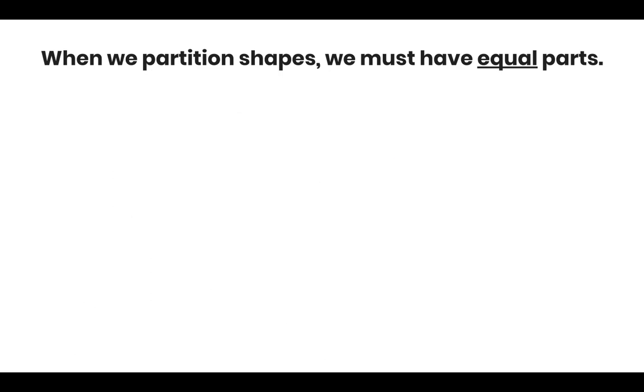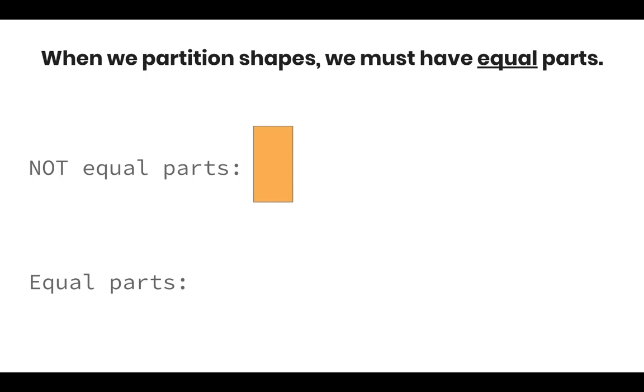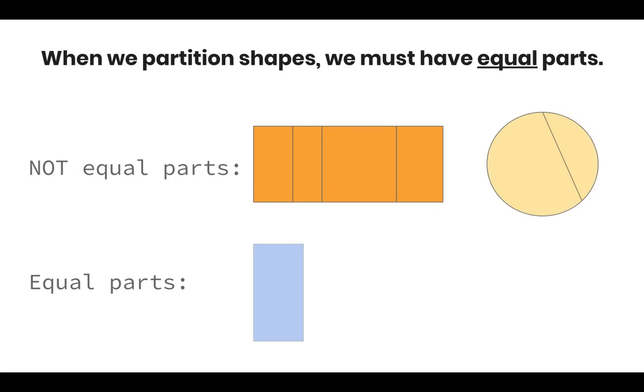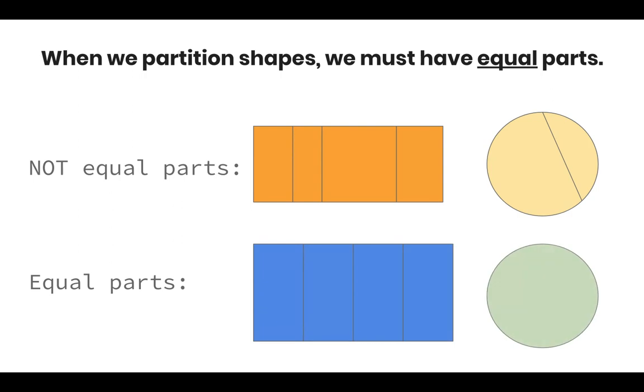When we partition shapes, when we separate them or divide them up, the trick is we must have equal parts. For example, on the top here, you see the orange shape does not have equal parts. Some are fat, some are skinny. The same with this circle to the right. These parts are not equal.